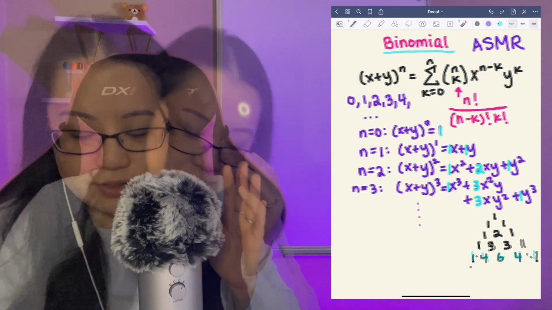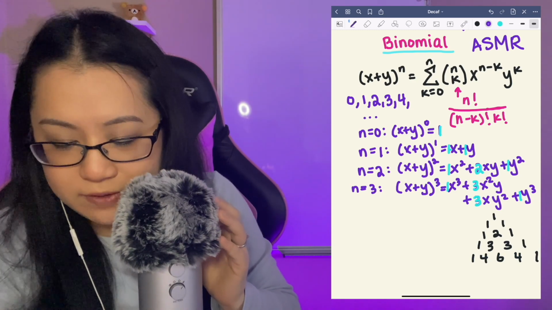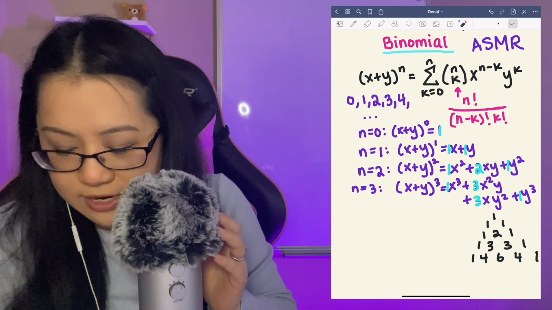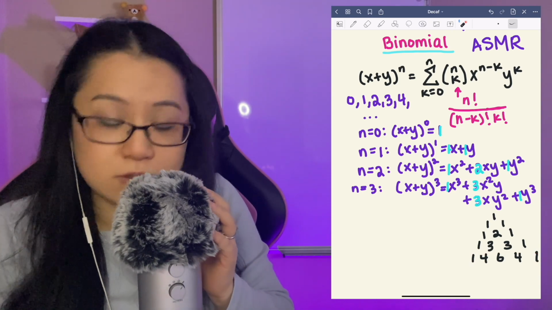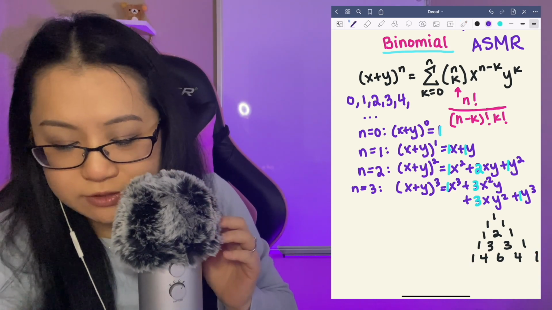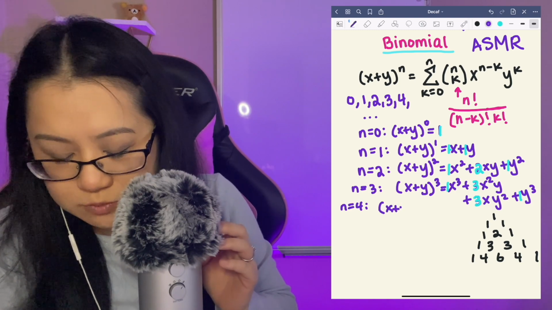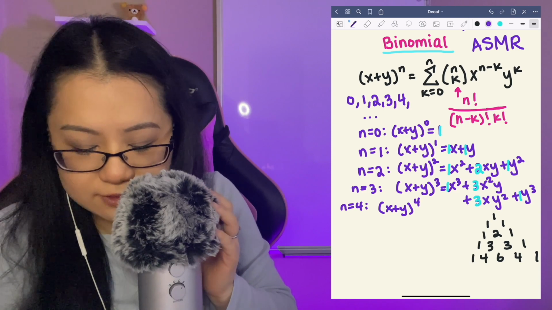Isn't that cool? Okay, so now that we already have the next row of Pascal's triangle, we can actually continue this pattern for n equals 4. And this is where it'll really start to save us time.